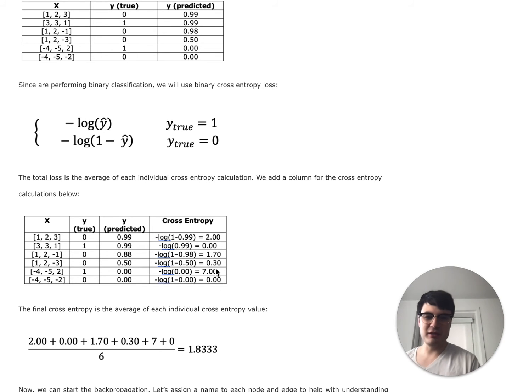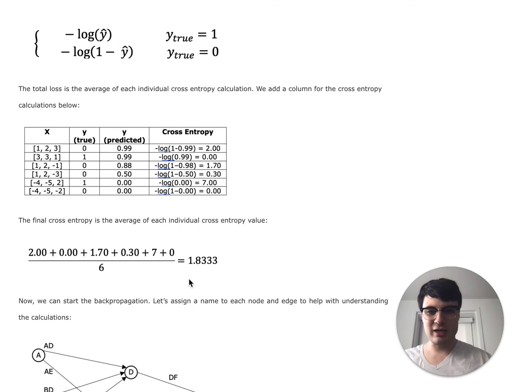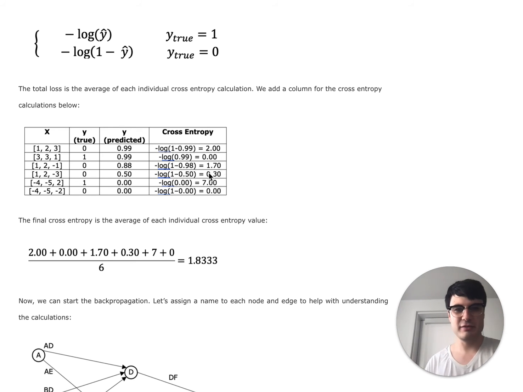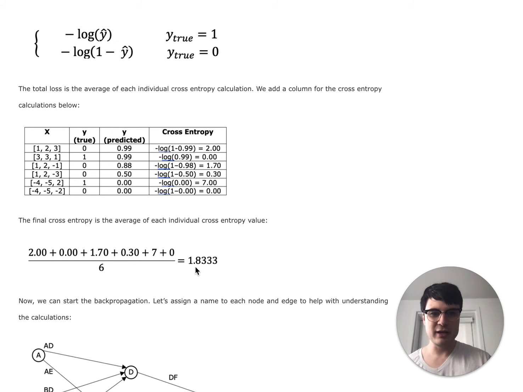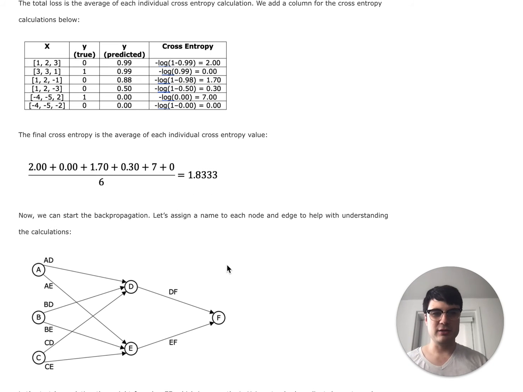So we calculate this loss function for all of the data points, and to get our final loss value, we average the loss value for all the data points in our training data set. If we average those losses together, we get 1.8333. Okay, so we've calculated the loss.